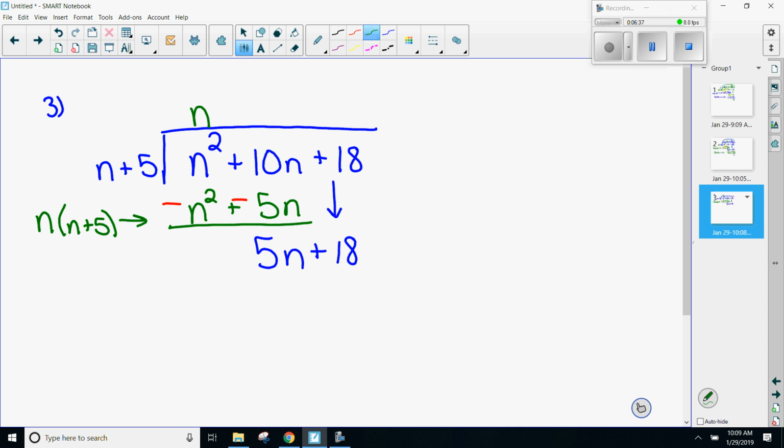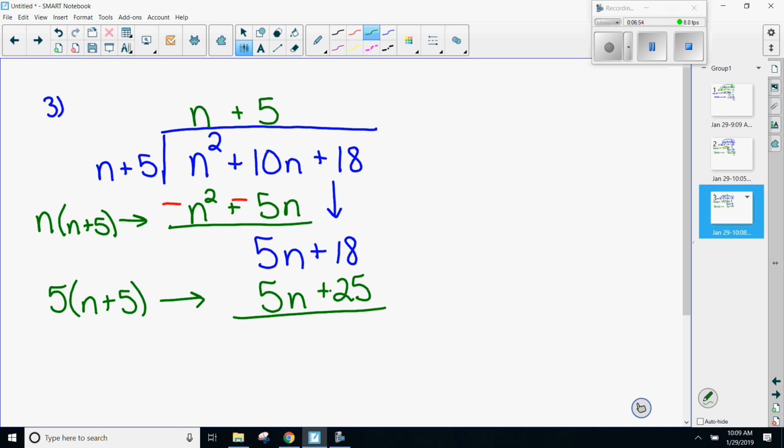So what do you multiply by now? Positive 5. So I need to take 5 times n plus 5, which gives you 5n plus 25. Now we want to subtract those, so that means change your signs. So that positive 25 now becomes negative 25.